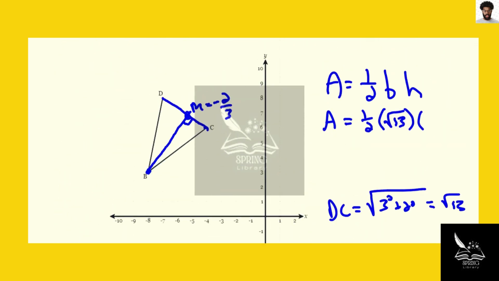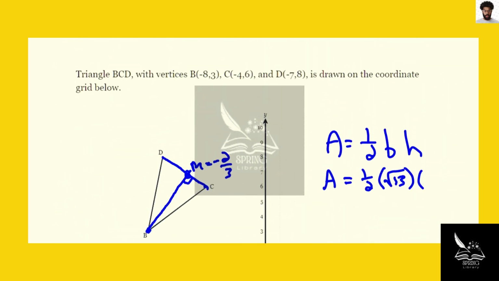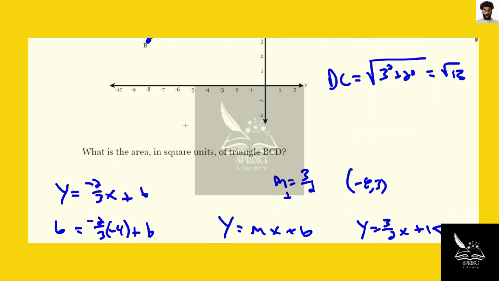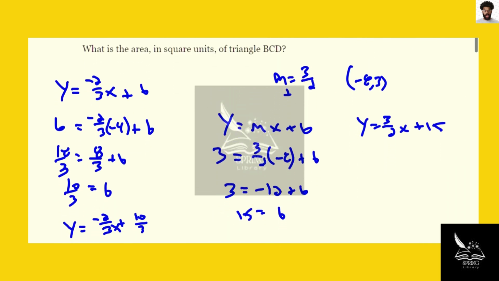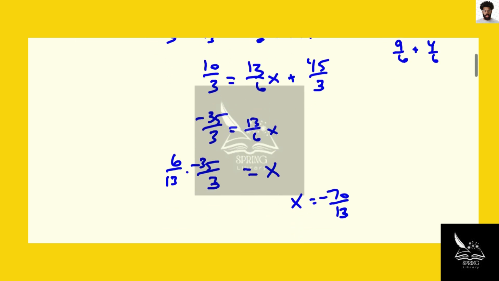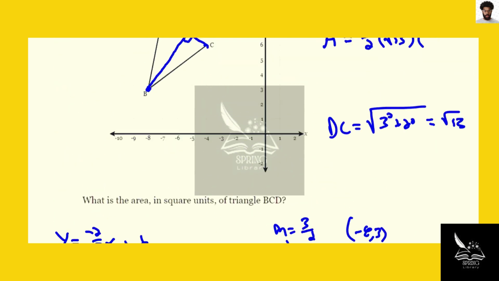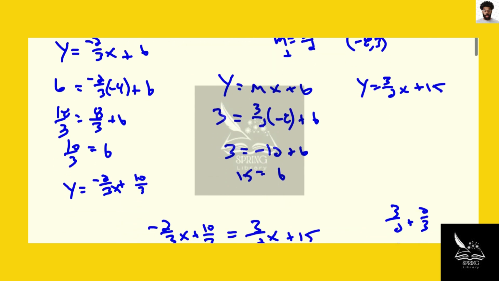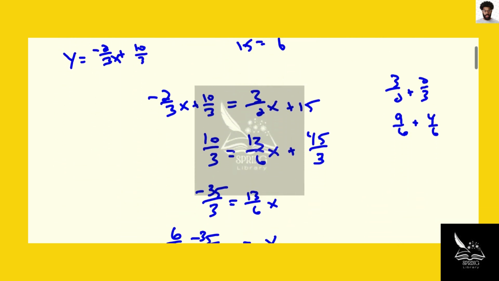And negative 70/13, that's about negative 5.4, which we can see is about negative 5.4 here. Okay. So that location is negative 70/13, and the y coordinate can be found by plugging it into either one.